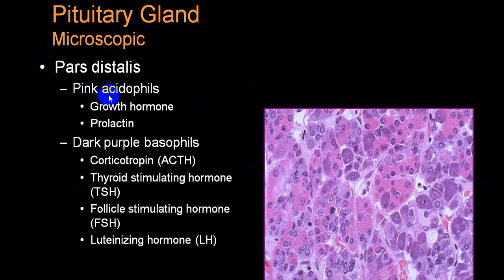We call them pink cells or acidophil cells, which secrete growth hormone and prolactin. While there are purple cells, or basophil cells, which are a little darker in color, dark purple, which secrete corticotropin, TSH, that is thyroid stimulating hormone, follicle stimulating hormone, and luteinizing hormone. These together are called gonadotropic hormones. So it secretes these three hormones.